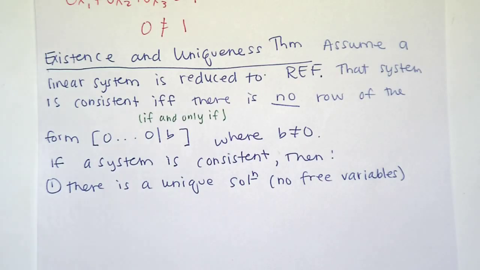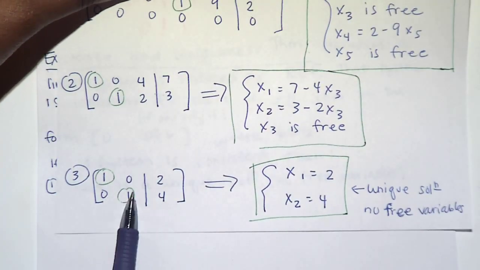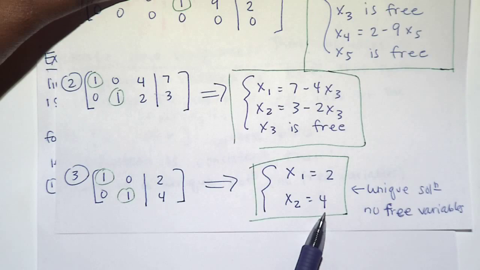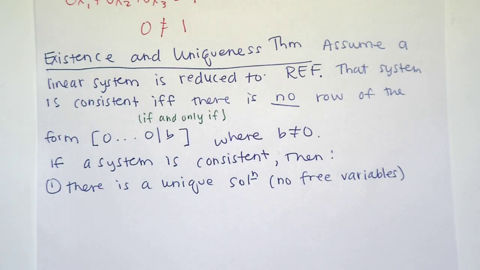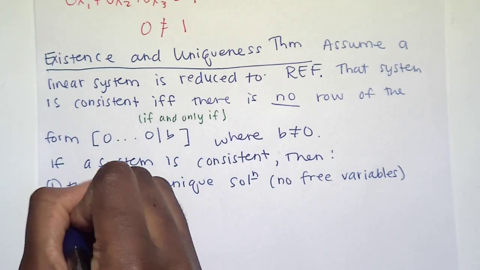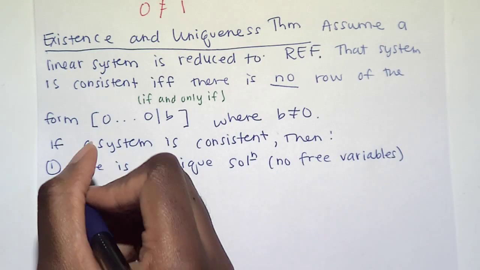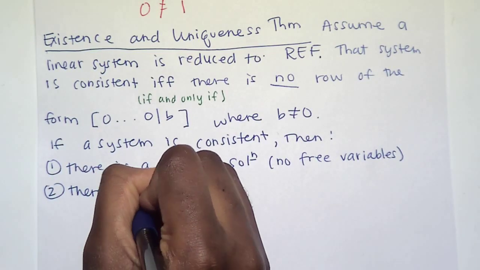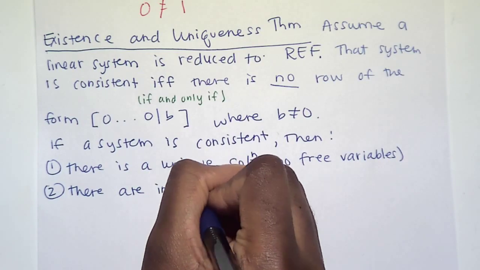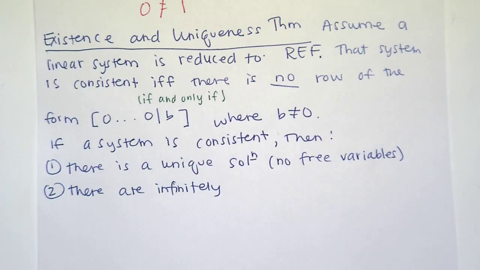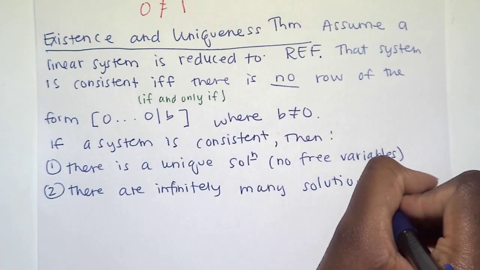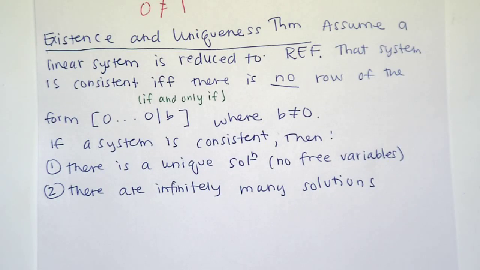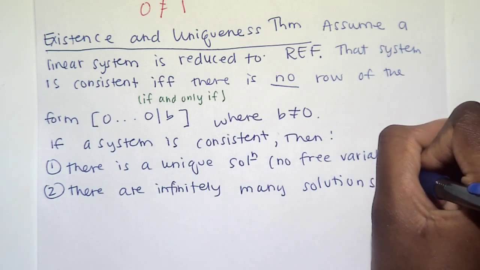All right, just like this example we saw here, there were no free variables, so we were able to get a unique solution, exactly what x1 and x2 are. Okay. Number 2, if a system is consistent, then there are infinitely many solutions. And when there are infinitely many solutions, we definitely have free variables.